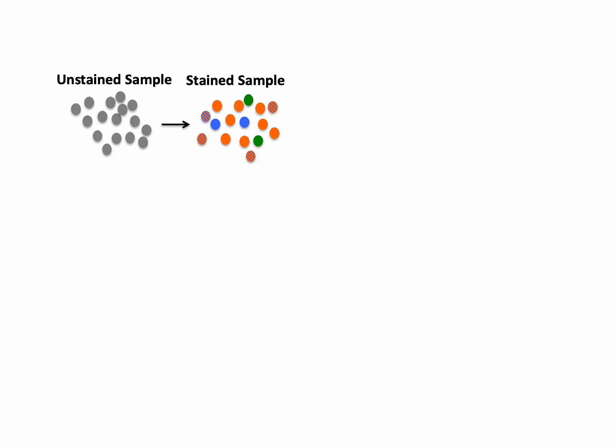We'll then take this sample and run it through a flow cell in a single file fashion. So let's consider the path of the orange cell. This orange cell is exposed to a laser. That laser light is scattered in the forward direction, and that's captured as forward scatter. Again, that gives us a sense of cell size.